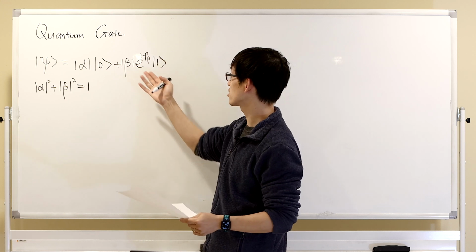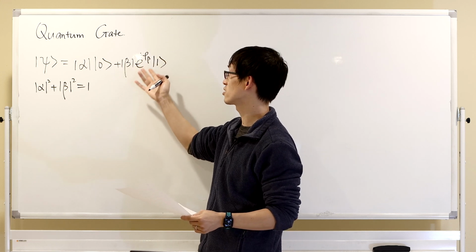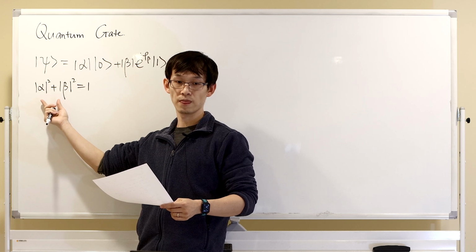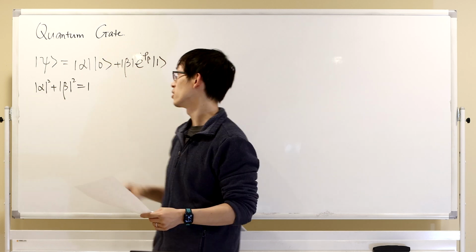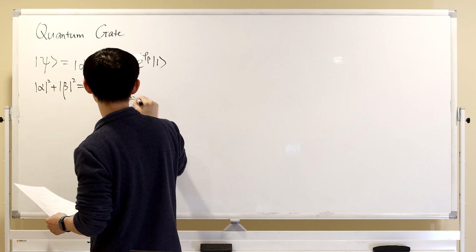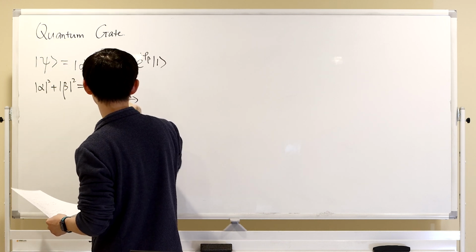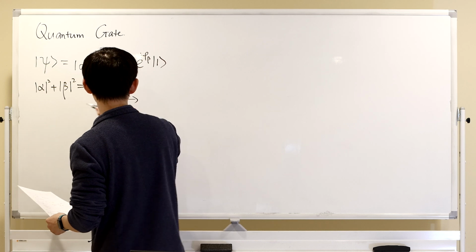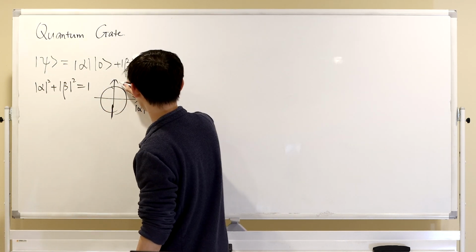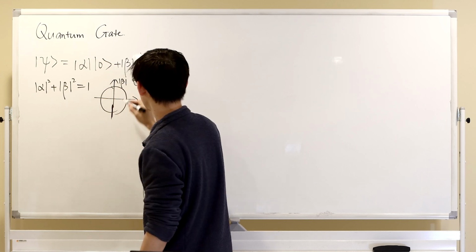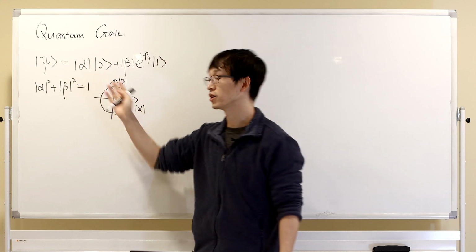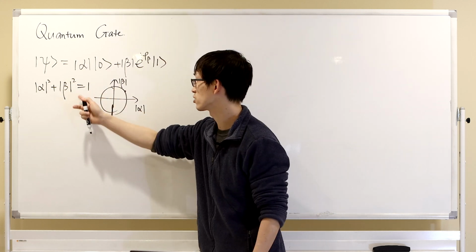Last time we said that if you ignore the phase term, then this is actually a circle in 2D coordinates. You can call this alpha, and this is beta, and the point on this circle represents alpha and beta that satisfy this condition.